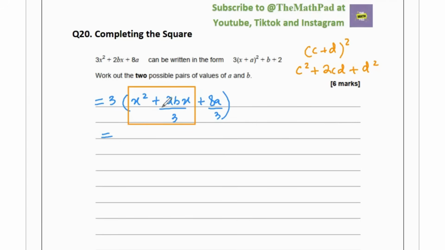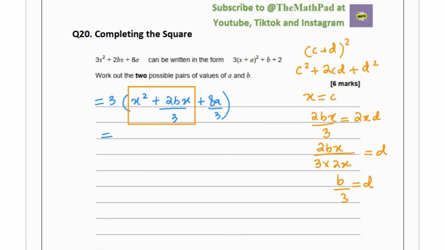So c squared is x squared, which means x is c. So that means 2bx over 3 is the same as 2xd. I replaced the c with x. So to find the value of d, because that's what we're trying to do, we do 2bx divided by 3 divided by 2x, which shows that b over 3 is our d value.